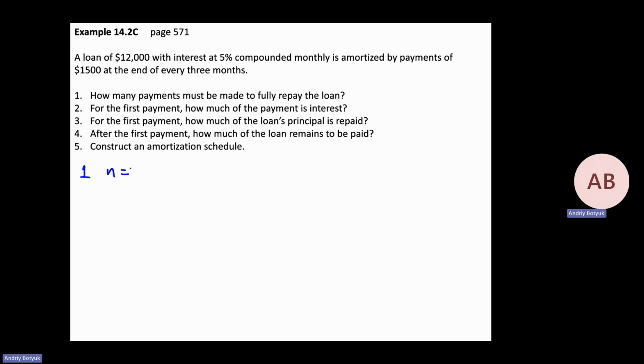So what I have: compounded monthly, end of every 3 months. So 4 for PY, 12 for CY. Now 5 I/Y, 12,000, 300, compute n. So I found 8.48, and so on. I don't need that tail for now. So n is 9.